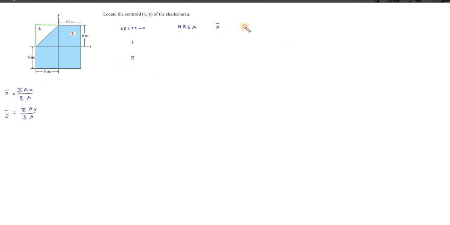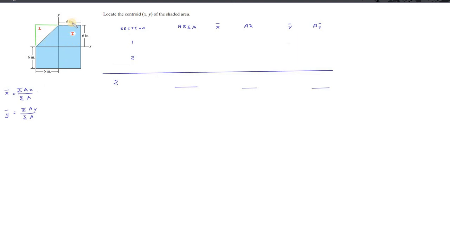I'm going to need my AX, which is my area times my X bar, and I'm going to need my Y bar and my AY. I'm also going to have my summation of my area, my AX, and my AY.